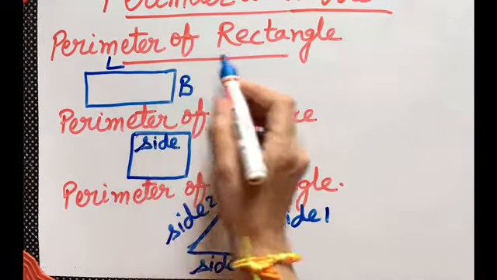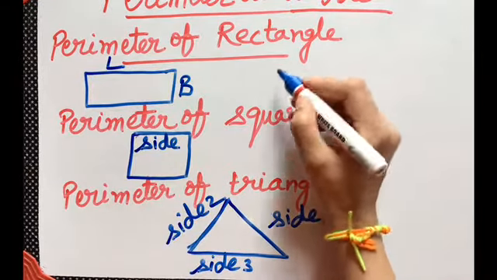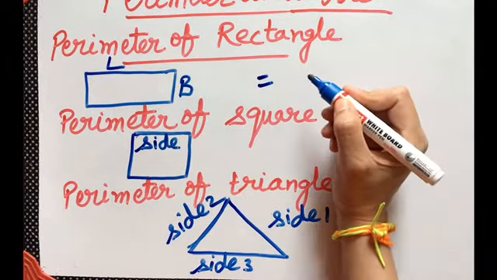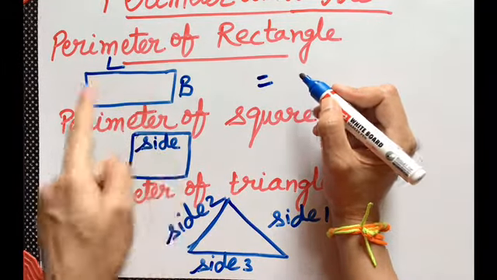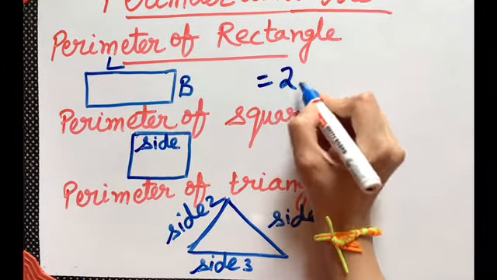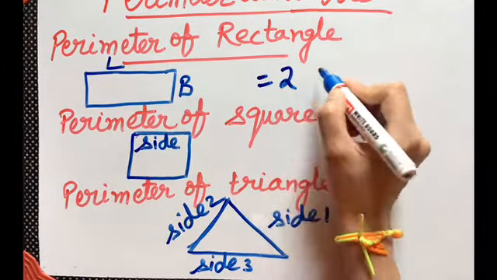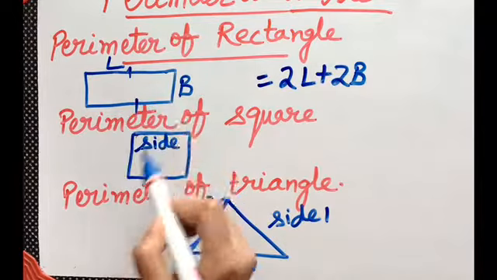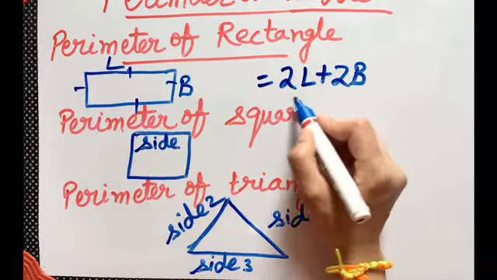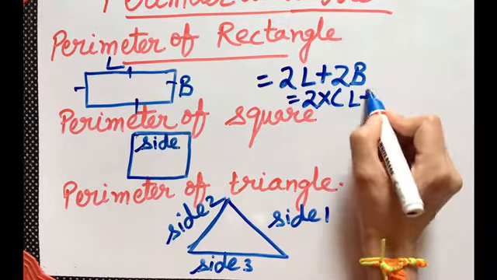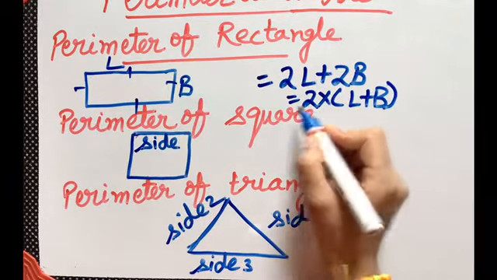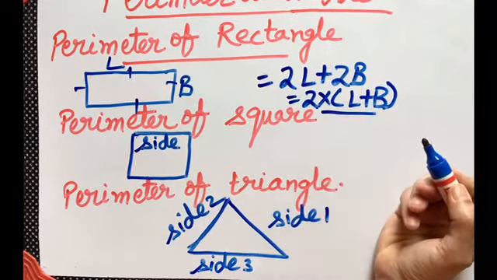Now in case of this rectangle, what will be the perimeter? So we have two lengths and two breadths. So 2L plus 2B, 2 times L and 2 times B. So it will be 2 times (length plus breadth). So this is the perimeter of a rectangle.